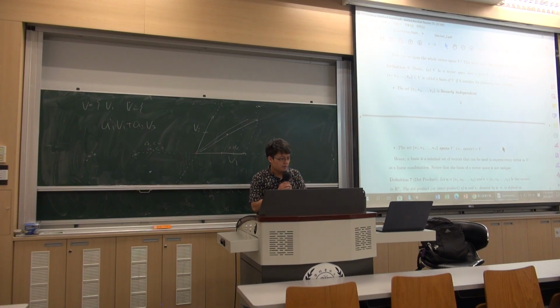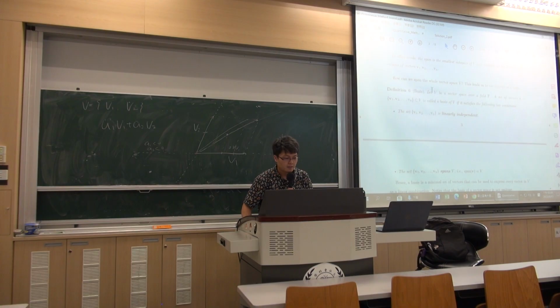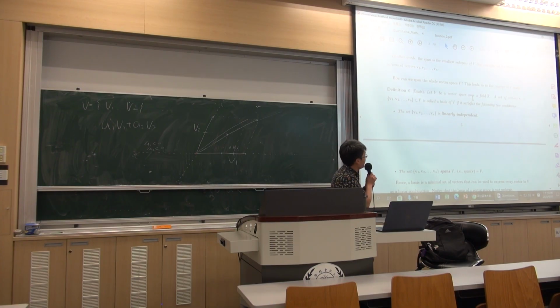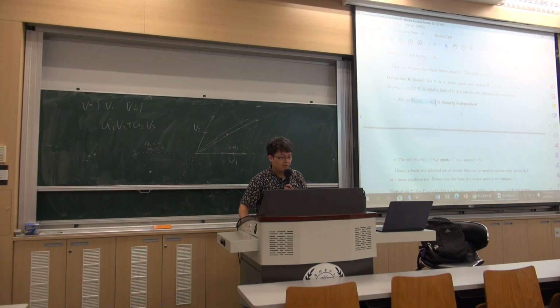Okay, so this is the definition. Let V be a vector space, and a set of vectors, denoted as small v here, is called the basis of the vector space, big B, if it satisfies the following two conditions. First, these vectors have to be linearly independent.